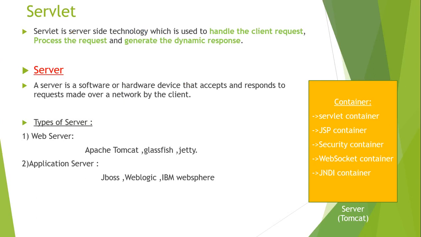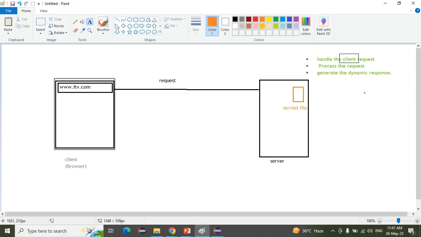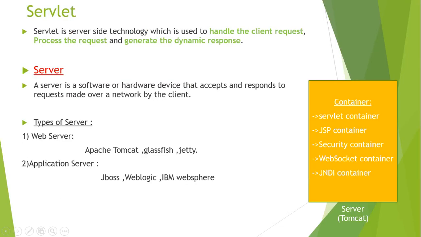We have a lot of containers here: servlet container, JSP container, security container, WebSocket container, JNDI container. Which container will handle our servlet file? You can guess: the web server? Not the server, I'm talking about the container.